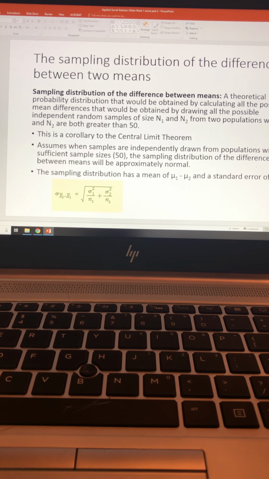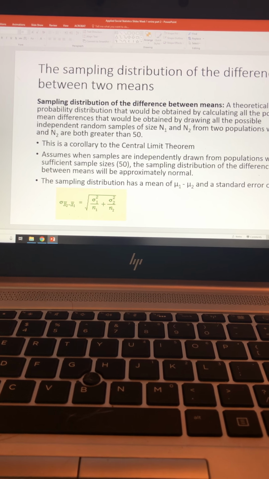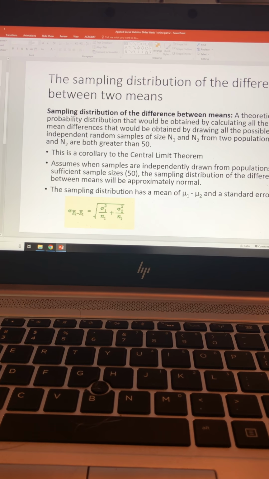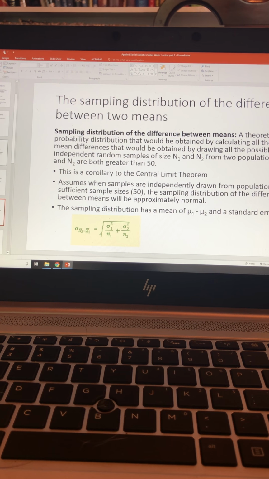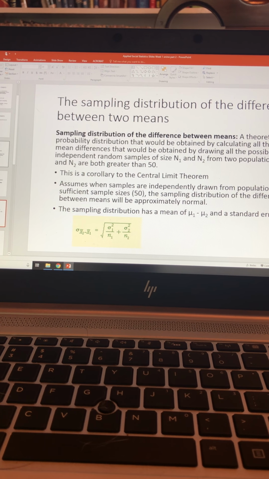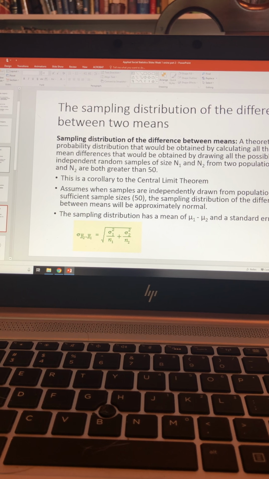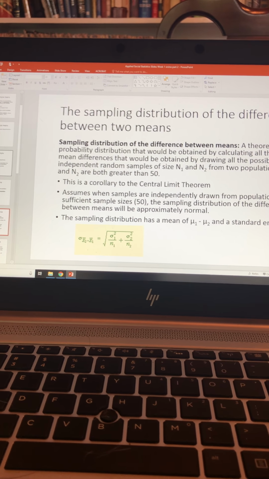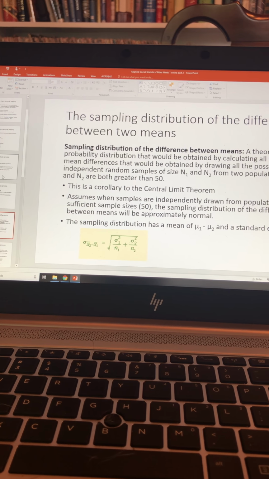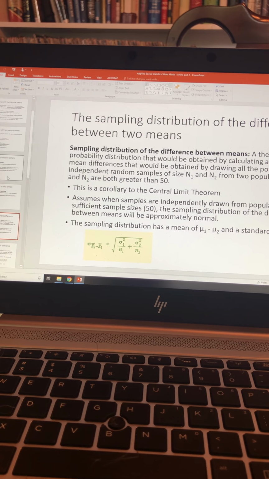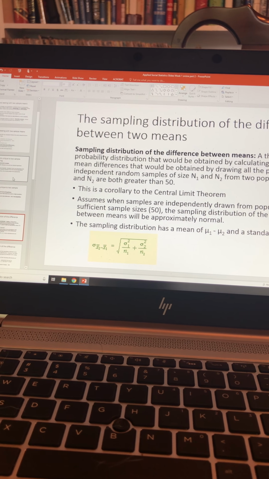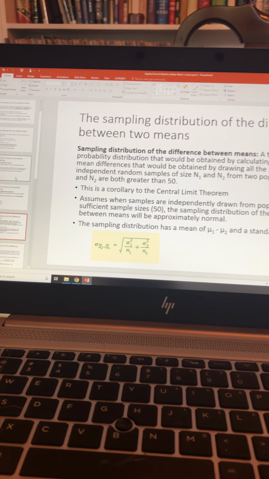So rather than plotting a sampling distribution of means where they line up on the mean of means, this time we're plotting the difference between the means. It'd be like I took one sample of men and women, got their means, and then got the difference and plotted it. And then another sample of men and women and got their difference and plotted it, and another sample, and so on and so forth.